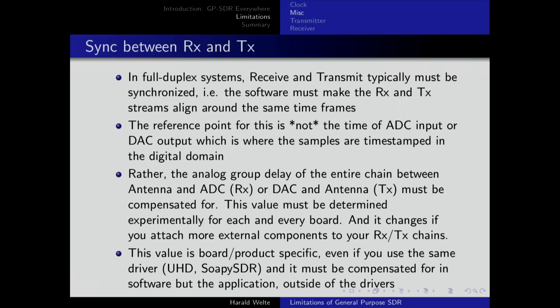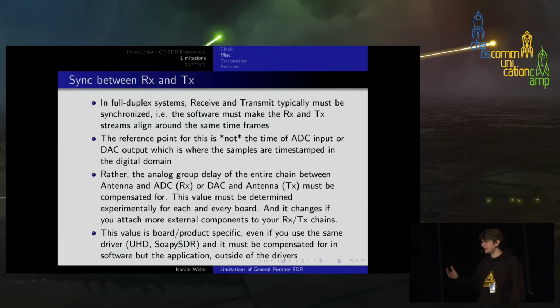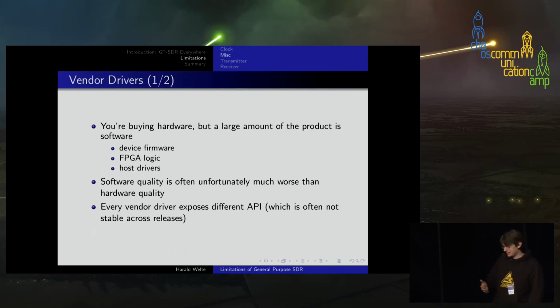And sometimes that's a bit of a problem, because new products try to emulate all driver interfaces. So let's say a new product comes on the market and it's compatible with the driver infrastructure that existing products had. But then, of course, the compensation value, or this delay value that you use, is not known yet. So the value for another board is used, and that, of course, is wrong at that point, until somebody actually sits down and measures that delay and sends a patch for the software and so on.